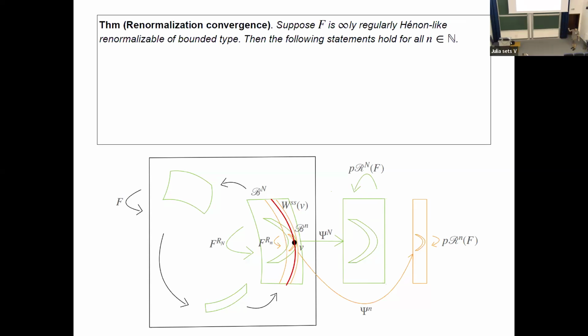And if you look at the images, what you will see is a nested sequence of thinner and thinner parabolic strips. So in the limit, it will converge to a curve, a parabolic curve, which acts like a center manifold for all backward time. So therefore, it has to be a center manifold, right? And the fact that the image is contained in the domain forces this center manifold to intersect the stable manifold at a single point.